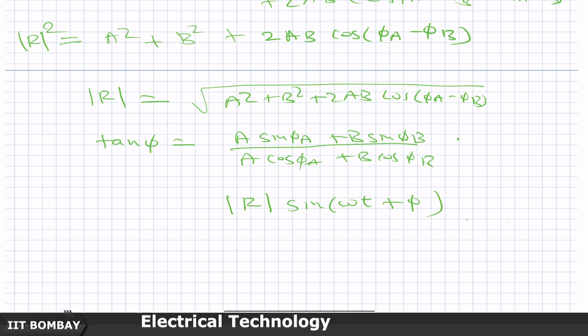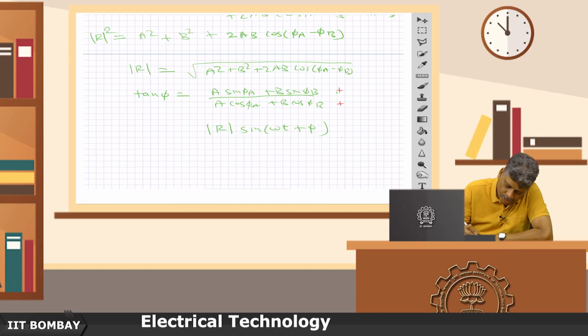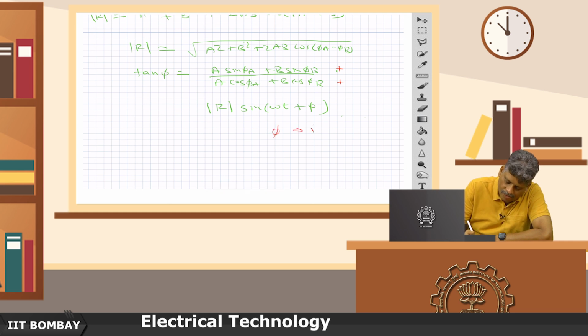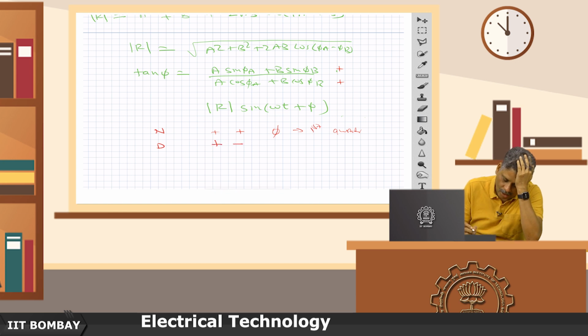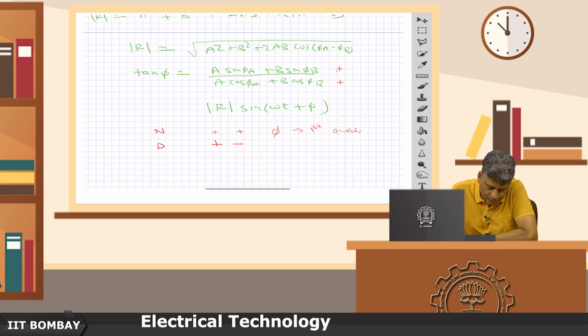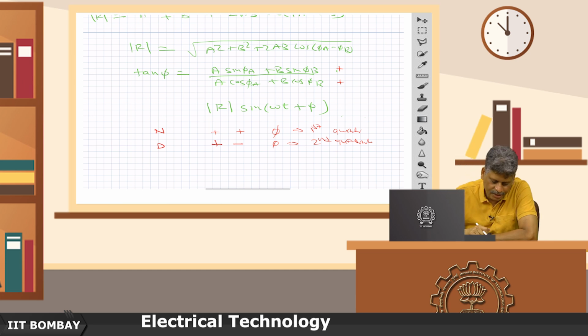You should be careful about the quadrants. If the numerator is positive and the denominator is positive, phi will be in the first quadrant. If the numerator is positive and the denominator is negative, then phi will be in the second quadrant. Why? Because the denominator represents the x-axis.